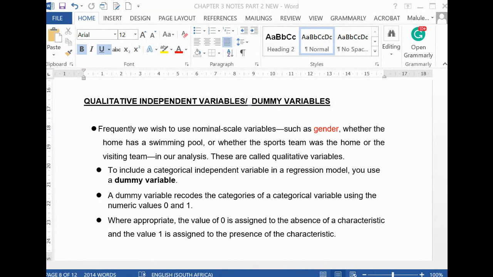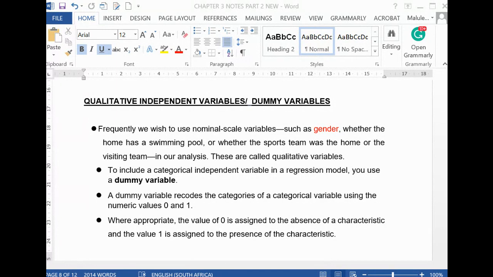What matters is you should understand what we mean by qualitative variables. This information is called a qualitative variable: the gender, whether a house has a swimming pool, yes or no, like the one we did, whether the house has a garage.